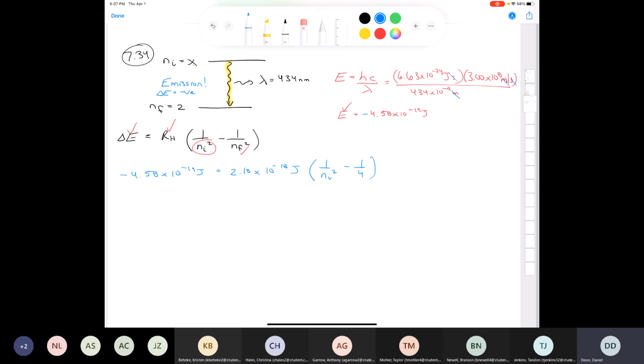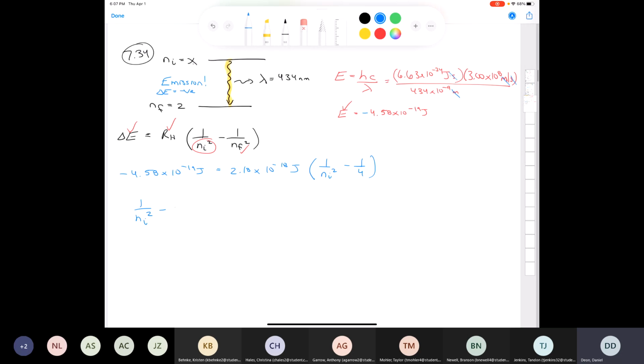So we get 1 over n initial squared, subtract 0.25, is going to be equal to this number divided by this number, which gives you negative 0.210.